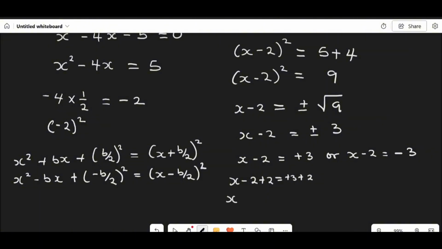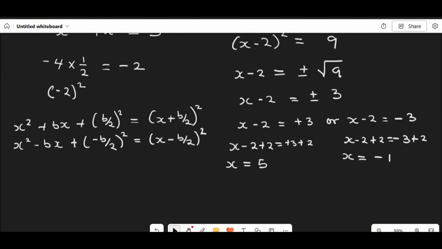That means x equal to 5. Here too, if you add 2 to both sides, we are going to have x minus 2 plus 2 equal to minus 3 plus 2. x equal to minus 1.